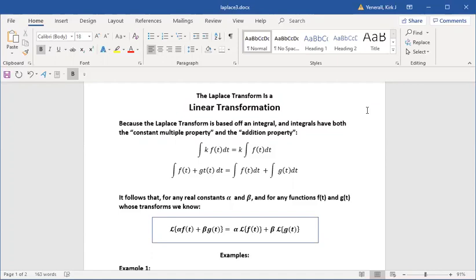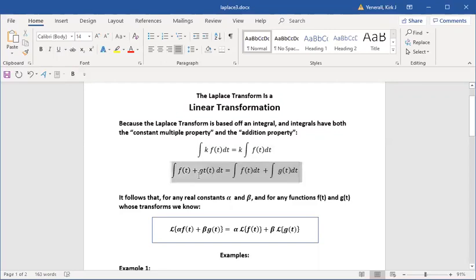Well, you remember from Calculus 1 that integrals have some very useful properties. One of those properties is what we call the constant multiple property, so that the antiderivative of k times a function f is k times the antiderivative of f. We call that the constant multiple property.